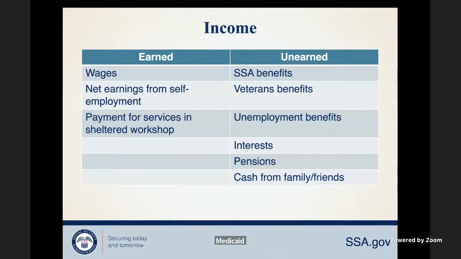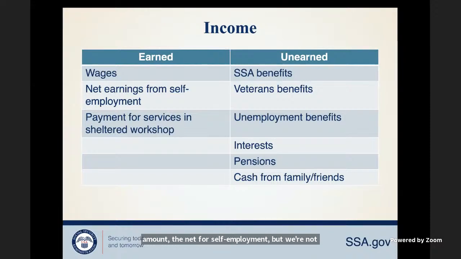Now, we have two types of income, earned and unearned. Very, very technical terms, and they're pretty easy. Earned, of course, you're physically going and earning those wages. You're self-employed. We don't count the full amount of those. So yes, I said earlier, we look at the gross amount, we look at the net for self-employment, but we're not going to count all of that against somebody.